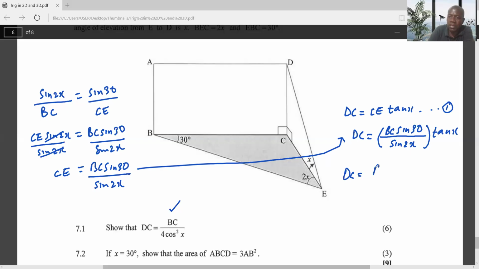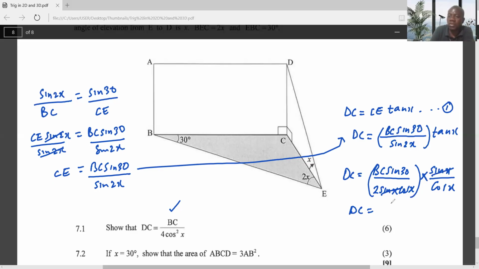Let's now work out this. BC sine theta, I know this, over what is sine 2x? Sine 2x is a double angle for sine, 2 sine x cos x, multiplied by tan, which is sine over cos. Whenever we have multiplication, we can divide terms that are the same in the numerator and denominator.